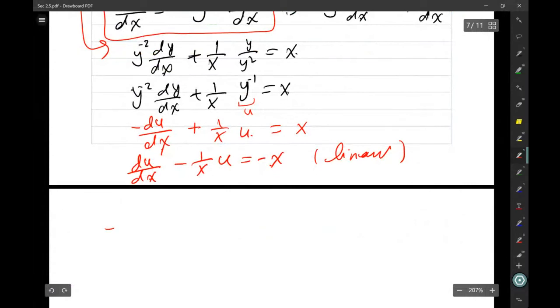Let us take a few minutes to solve it. This linear equation becomes, here the function p of x is equal to minus 1 by x, while f of x is equal to minus x.